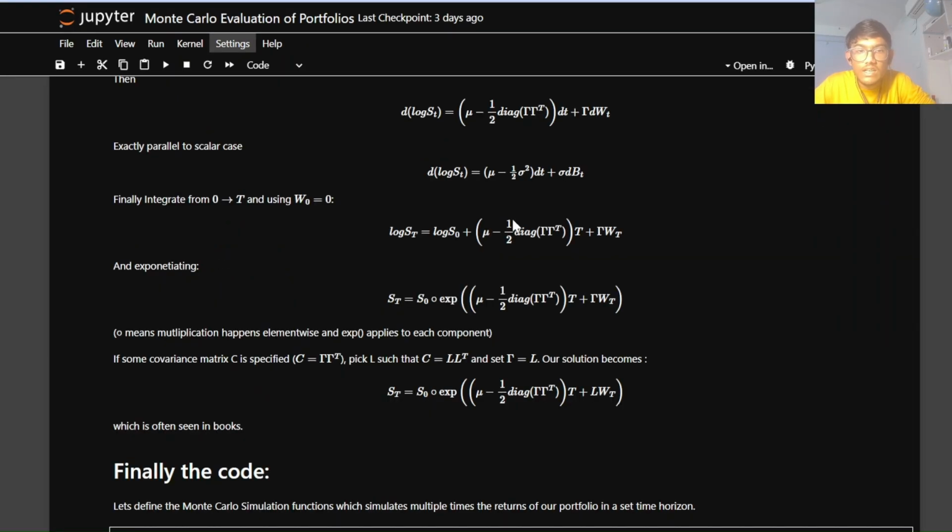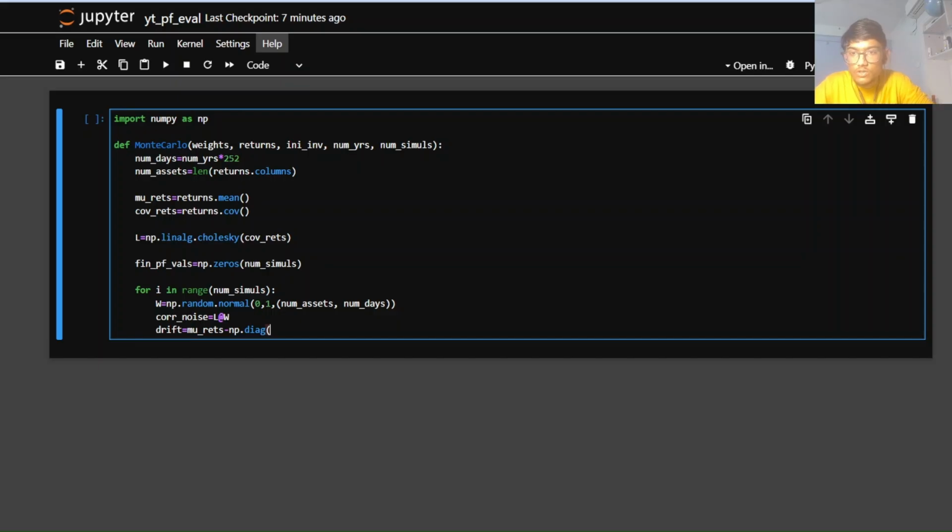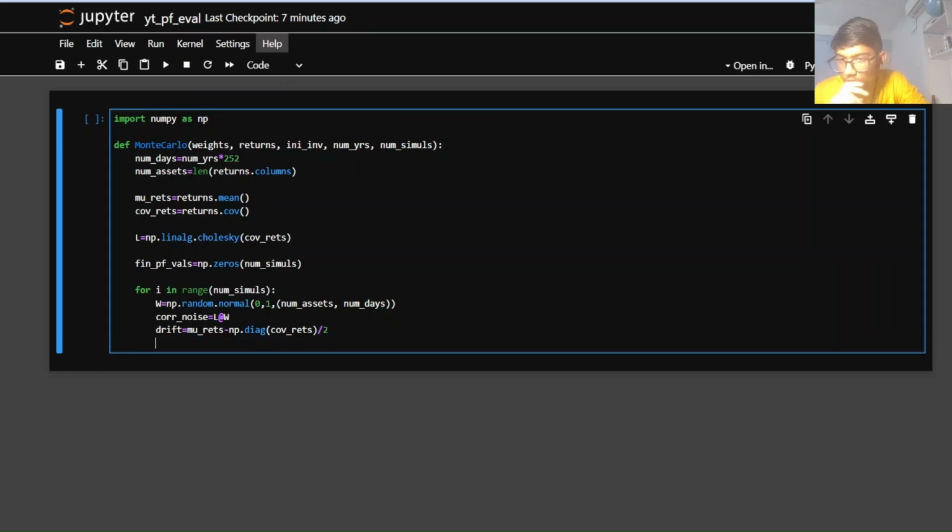Because we know that gamma times gamma transpose is equal to our target covariance. So our covariance, upon 2, as simple as that. And since this will give me a row vector, I'll be transforming this into a column vector. So drift is equal to drift dot values dot reshape num assets comma 1, right?